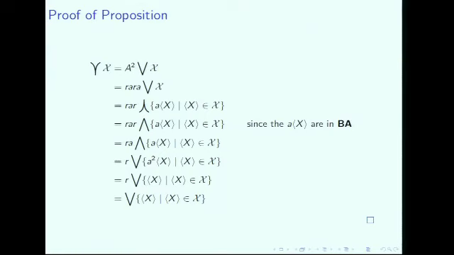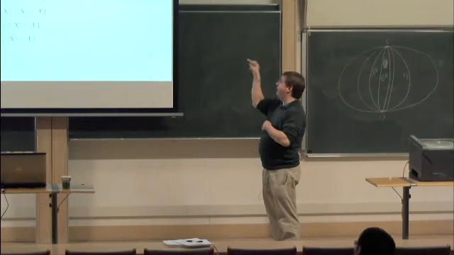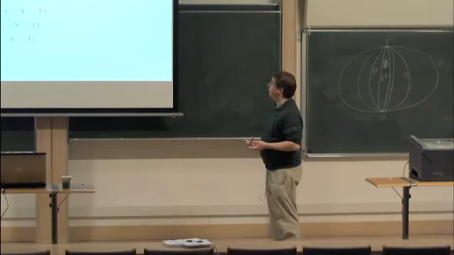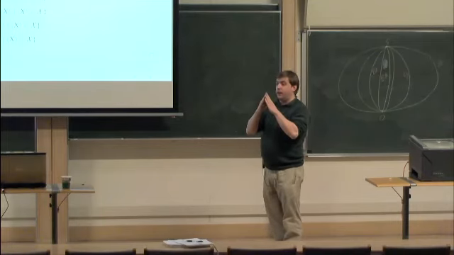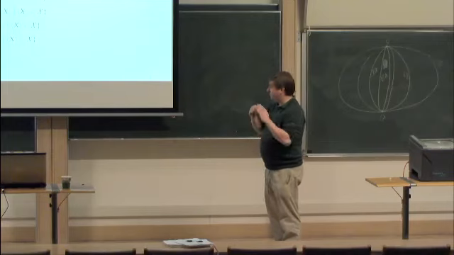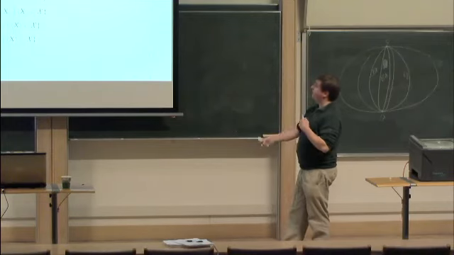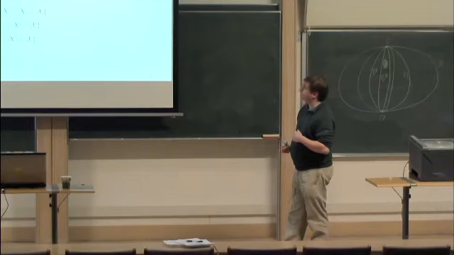And now because A of x for every x, each of the x is assumed to be in BA, so A of x is also in BA. So in that context, we actually know that the meet is the same as the infinite smash. So we can do that substitution.